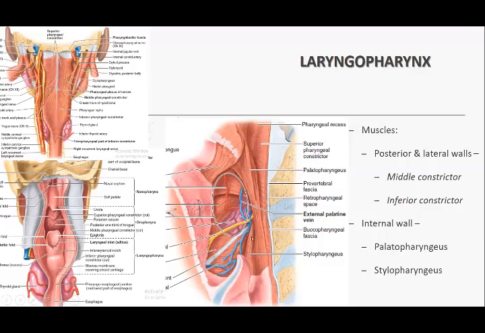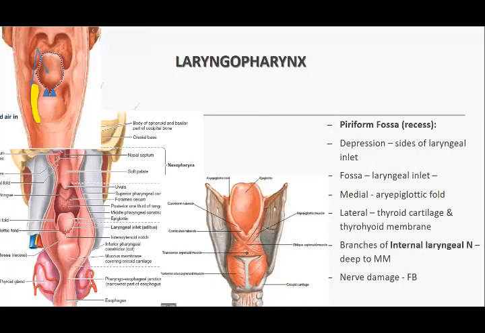They form the wall of the laryngopharynx. In the laryngopharynx, this is probably the most important structure present, okay?